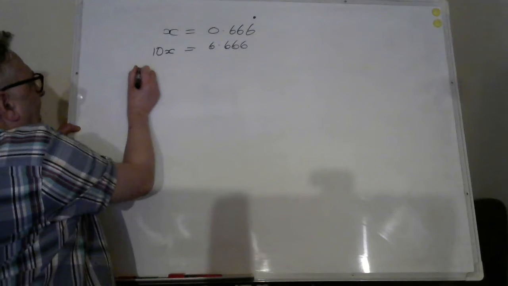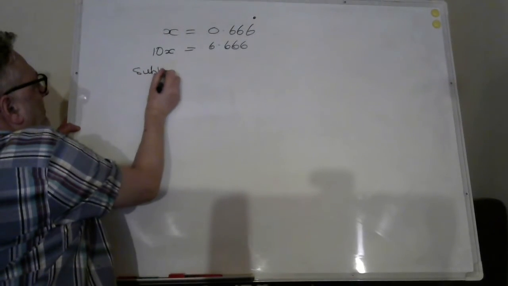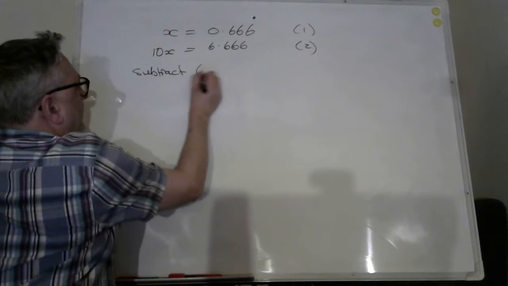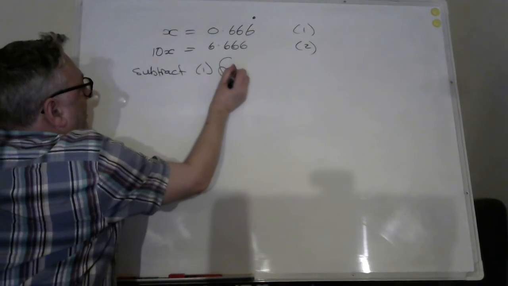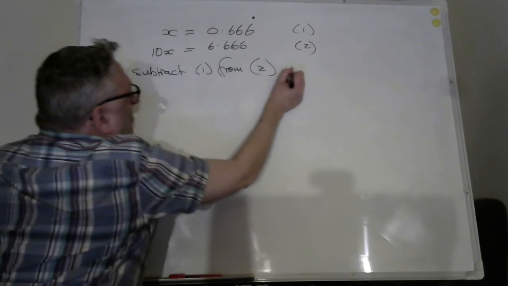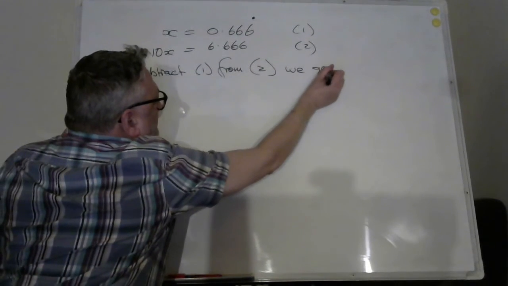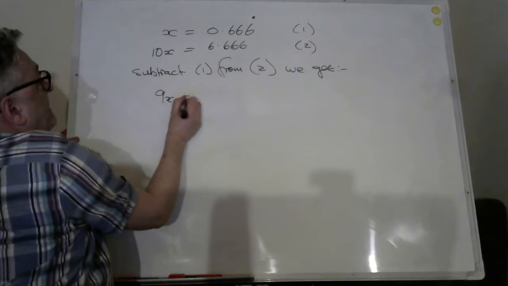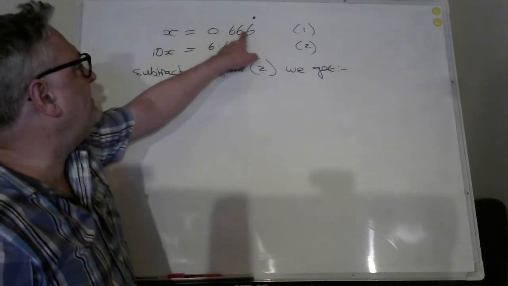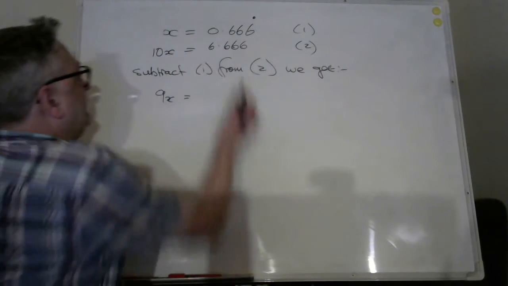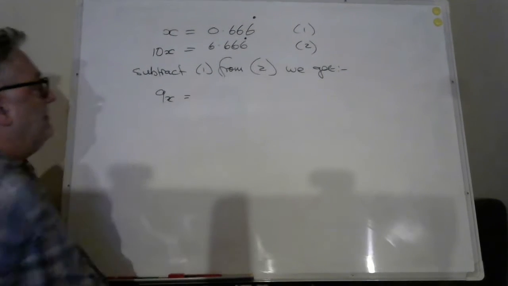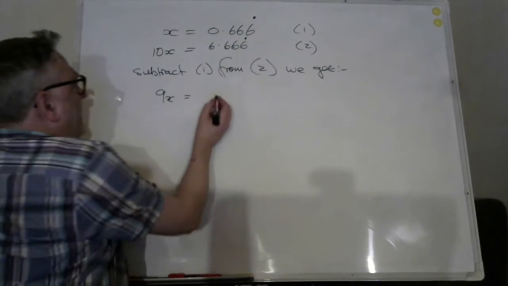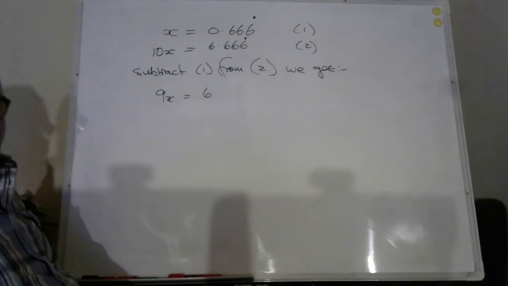So if we subtract, and we'll call this equation 1 and this equation 2 again, subtract equation 1 from equation 2, we get 9x is equal to, well, if you subtract 0.666 recurring from 6.666 recurring, there should be a little dot above that, we get 6. Okay?